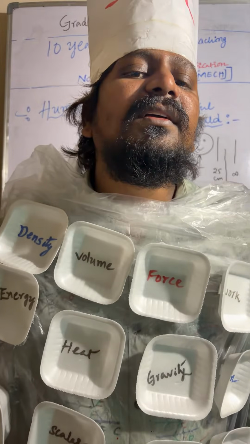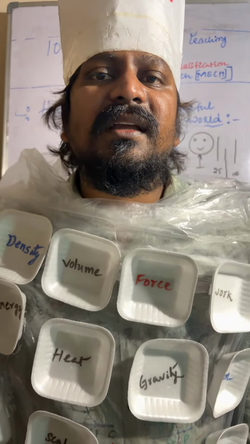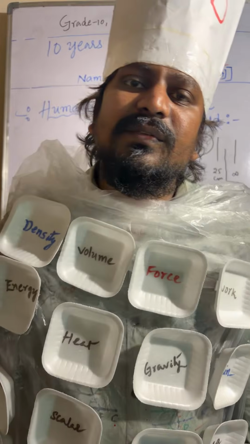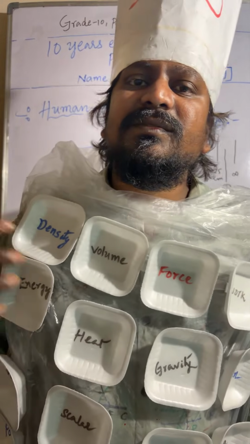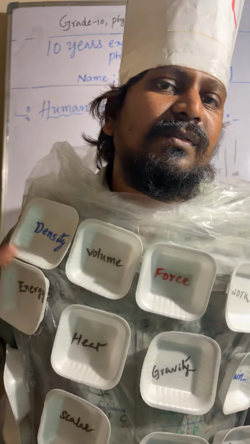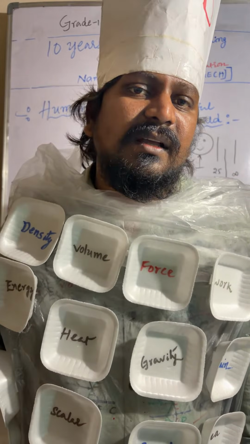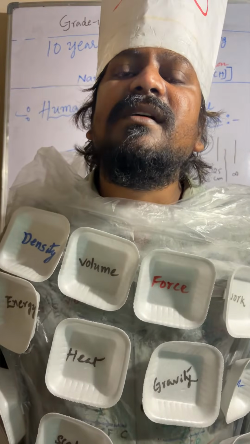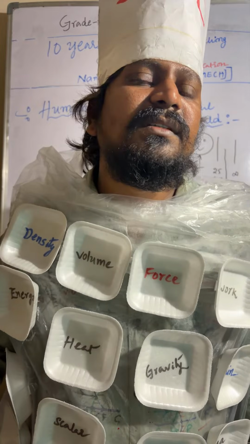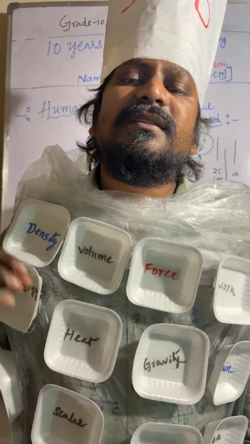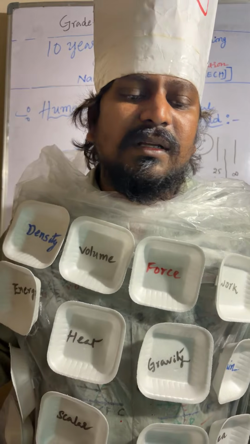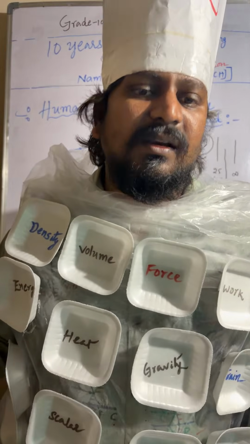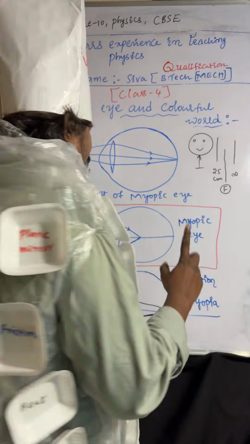For that correction we are using concave lens, concave lens. So near point we can see, far point we can see. For that correction we are using concave lens.